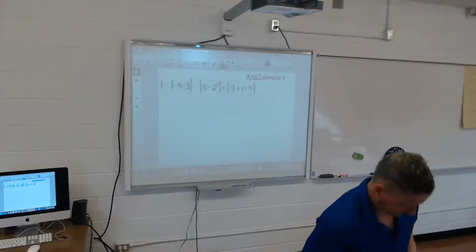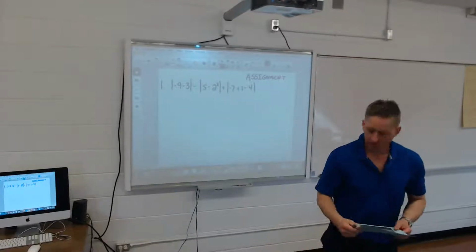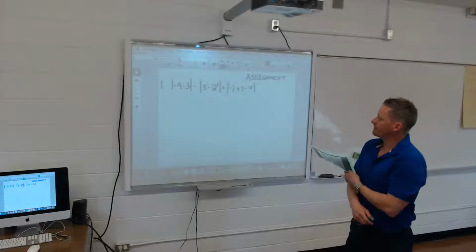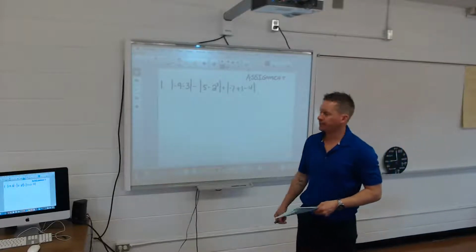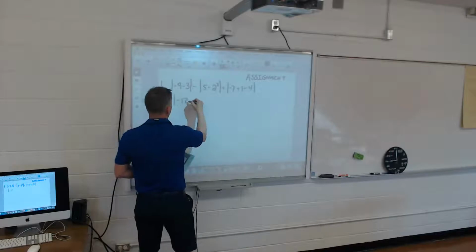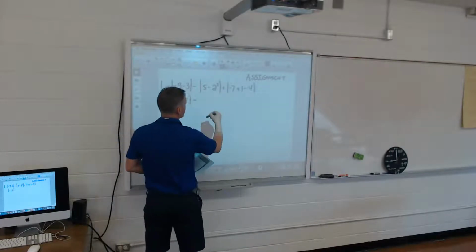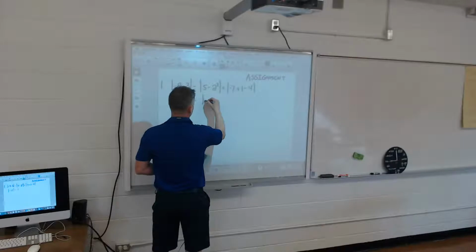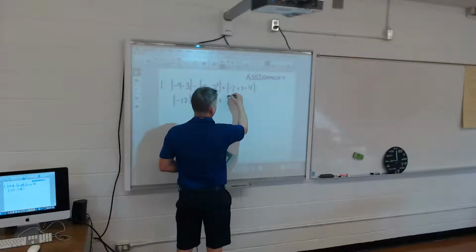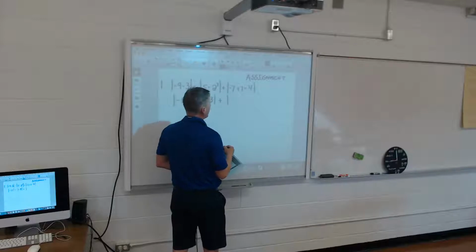All right, so looking at the absolute value. What I do is I simplify inside the absolute values first, starting with minus 9 minus 3. So that's minus 12. Minus 5 subtract 8, negative 13. Minus 7 add 1 is minus 6.